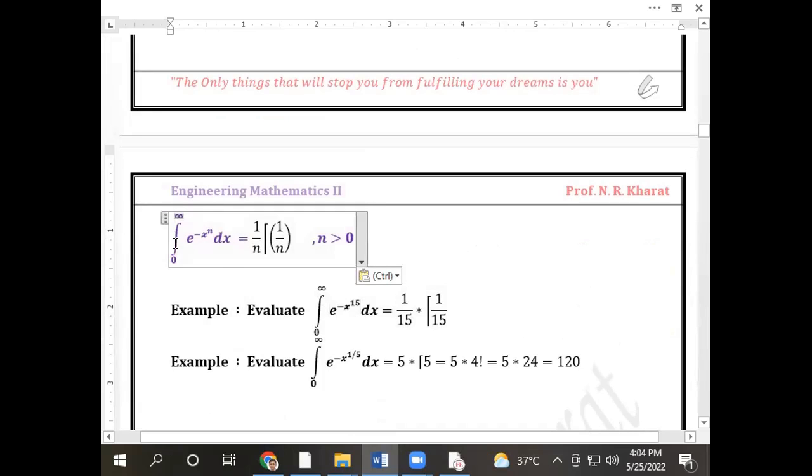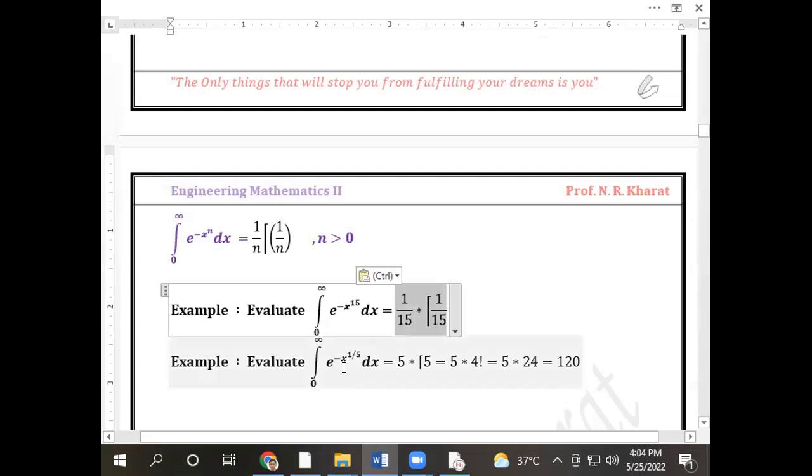By this property, if the integration goes from 0 to infinity, e raised to minus x raised to n dx, the solution is 1 upon n and gamma of 1 upon n. When we compare the first example with this standard property, the value for n is equal to 15. So the answer is 1 upon 15 into gamma of 1 upon 15.